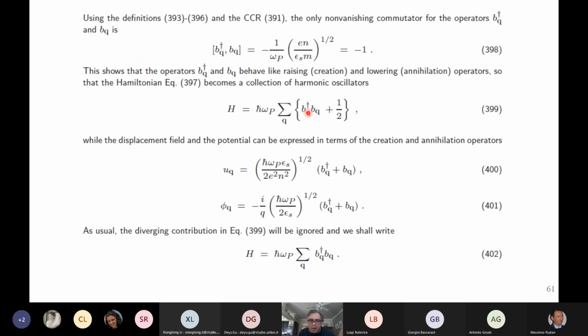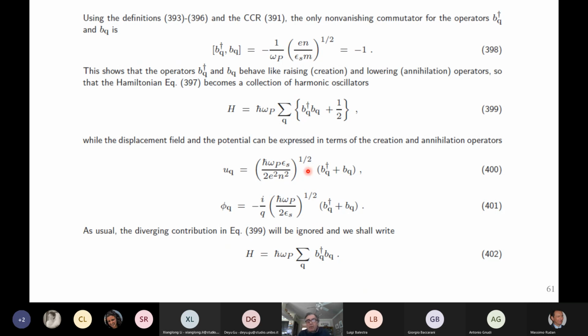Now we have Q, which plays the role of K, the wave vector of the plasma waves. And we can see that the Hamiltonian is a collection of plasma oscillators, harmonic oscillators. And the h bar omega P in this approximation is a constant. If you do things a little bit better, there is a small term which gives a group velocity for plasmons, an acoustic component if you wish, but then we can bring it inside the sum.